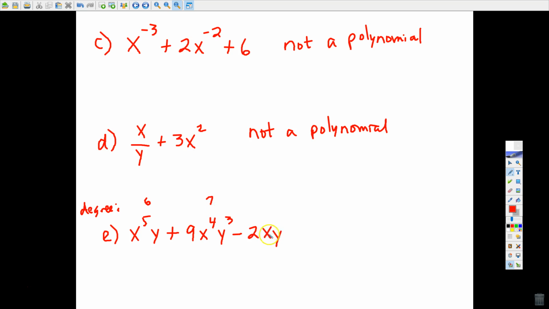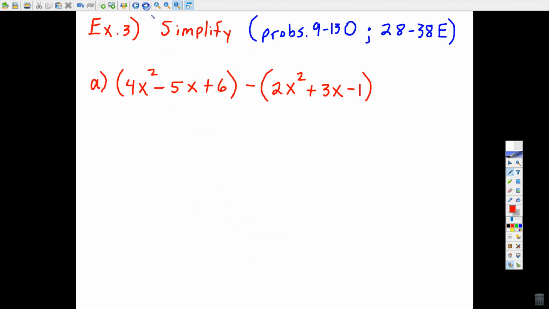And for this third monomial, we would say 1 plus 1, which is 2. And we take the largest as our degree. So this is a polynomial, and it's degree 7. You're going to do a few of those types of problems where you classify whether it is a polynomial or not, and hopefully you now understand how to find the degree of a polynomial.